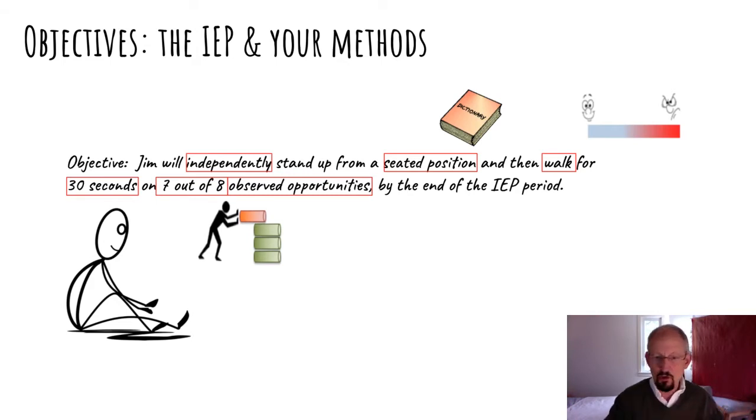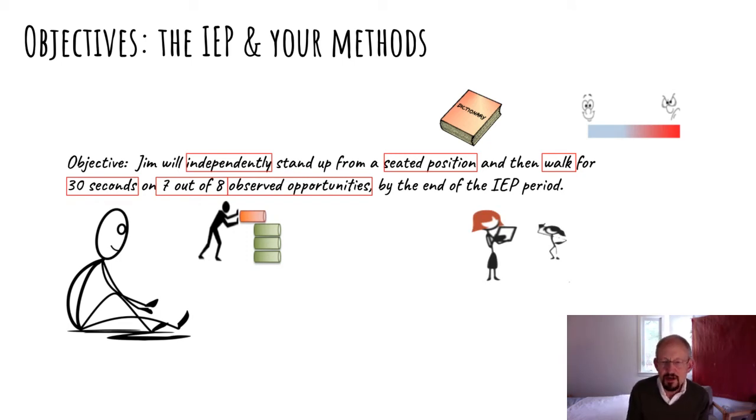Is it over the course of, say, a month, where once or twice a week I try to get 2 observations of Jim standing up from a seated position and then walking for 30 seconds? I'm going to count the benchmark as achieved insofar as in at least 7 of those opportunities, he gets up independently and walks for at least 30 seconds. If he does that, that's the 7 out of 8.